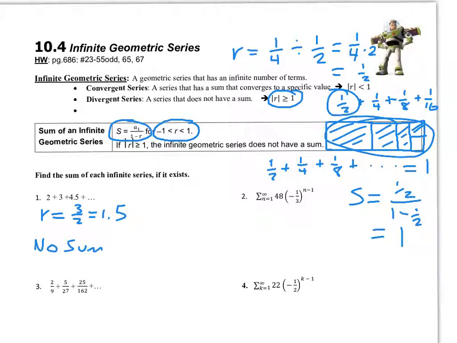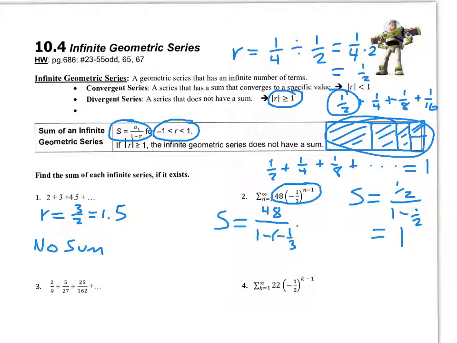The sum will equal a1. If we plug in 1 here, we will end up with 48, because it will be -1/3 to the 0 power, which is 1, times 48. So a1 is 48, over 1 minus -1/3.